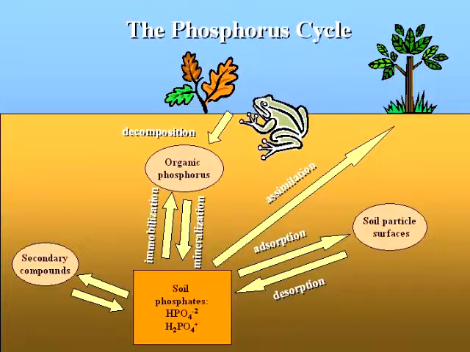Now, once we have phosphates available in the soil, it also can travel on several other pathways. It can become attached to soil particles, and from those soil particles it can then be used by plants that come in contact with those soil particles.